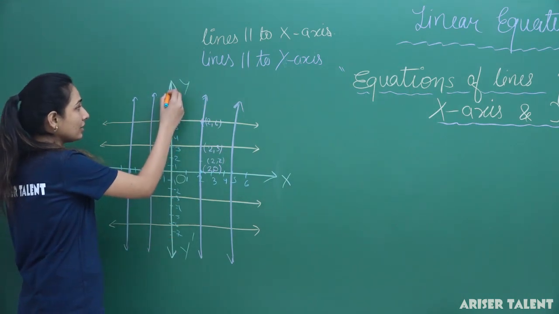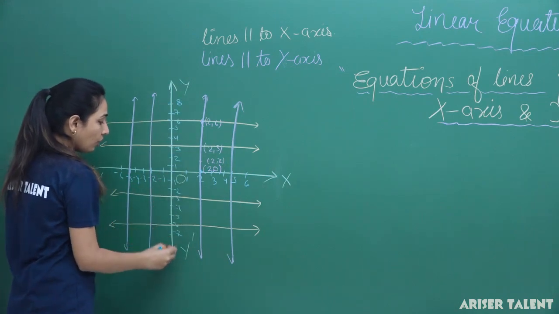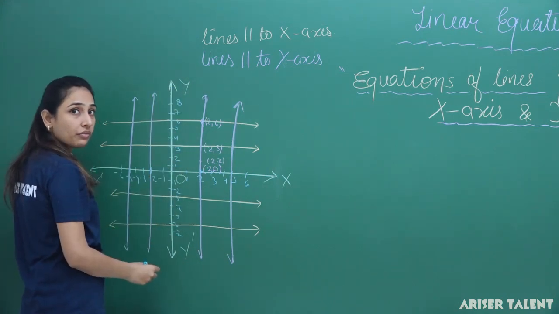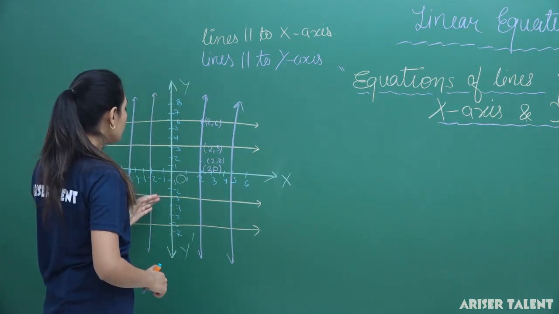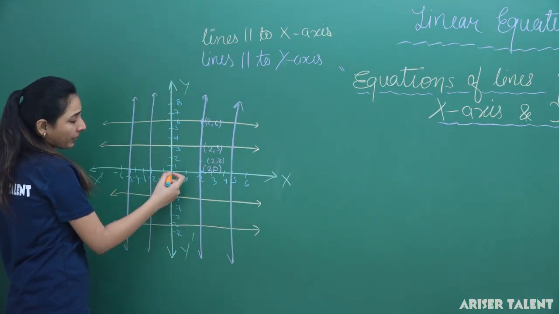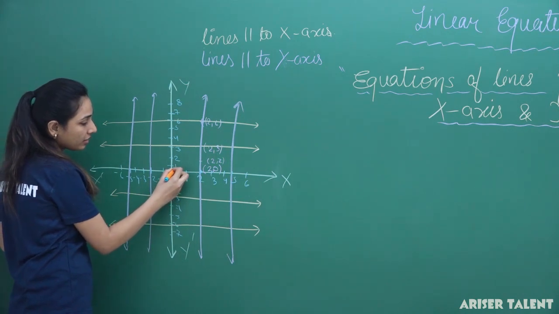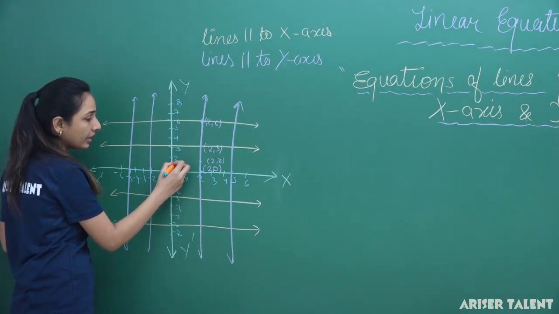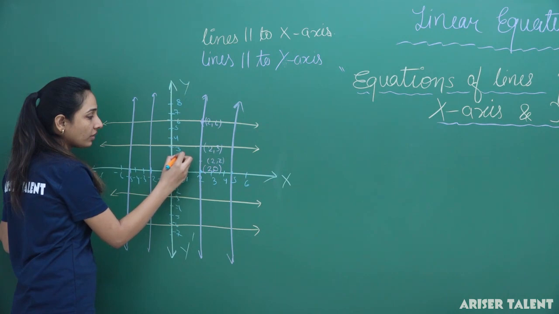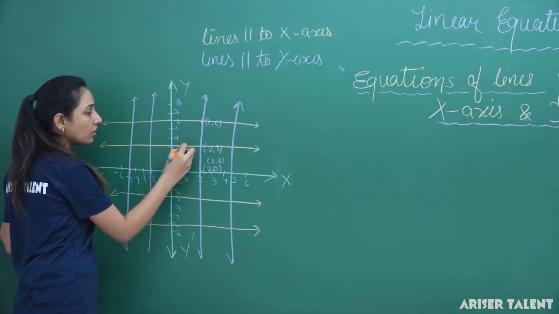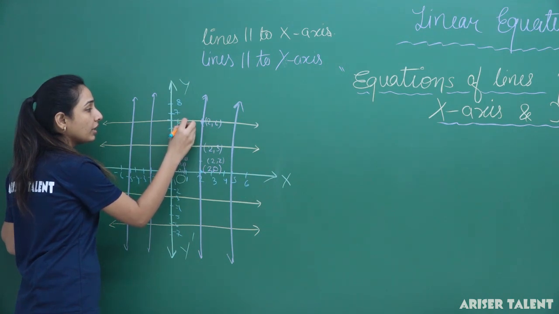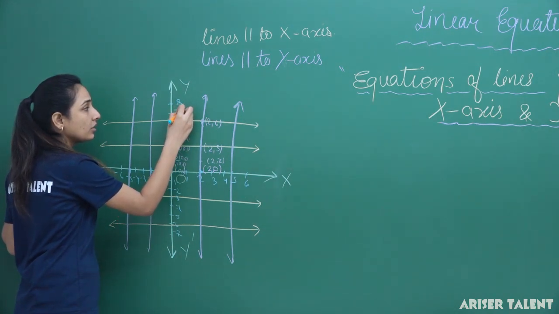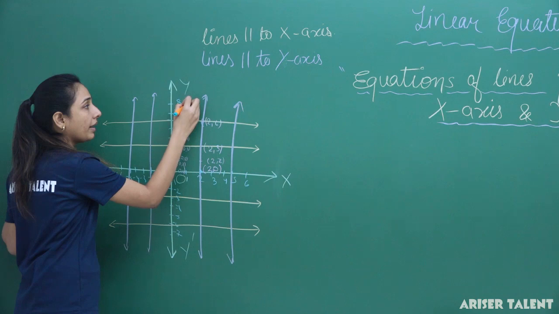Okay. Now I am having overlapping on y dash axis, that means y axis. Now the coordinates of these points: 0, 0, here 0, 1, 0, 2, 0, 3, 0, 4, 0, 5, 0, 6, 0, 7, 0, 8.